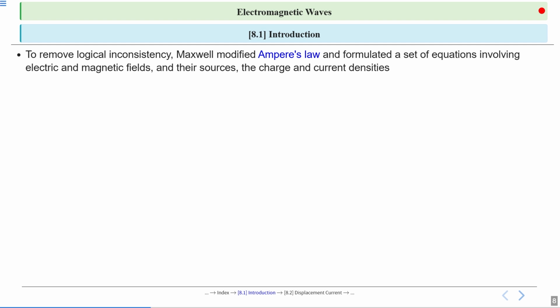So to remove the logical inconsistency, Maxwell modified Ampere's law and formulated a set of equations involving electrical and magnetic fields and their sources, the charges and current densities. The set of equations we have discussed in the previous slide. Only the Ampere circuital law was modified; the other three equations remained as they were.